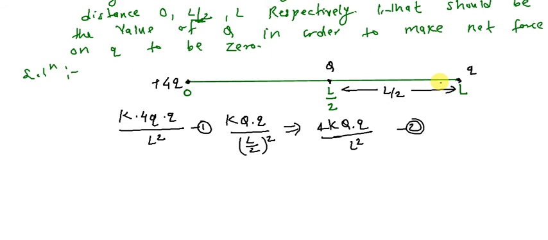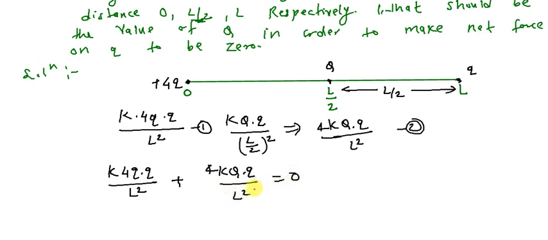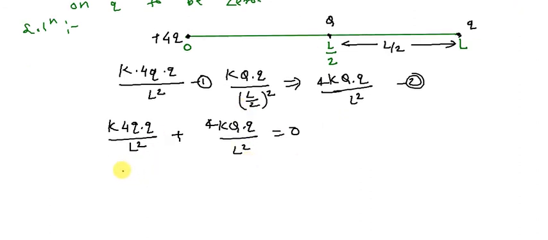According to the question, add both the forces. So k into 4q into q divided by L square plus 4k Q into small q divided by L square should be equal to 0. I can write this equation as k 4q square upon L square is equal to minus 4k Q into q divided by L square.